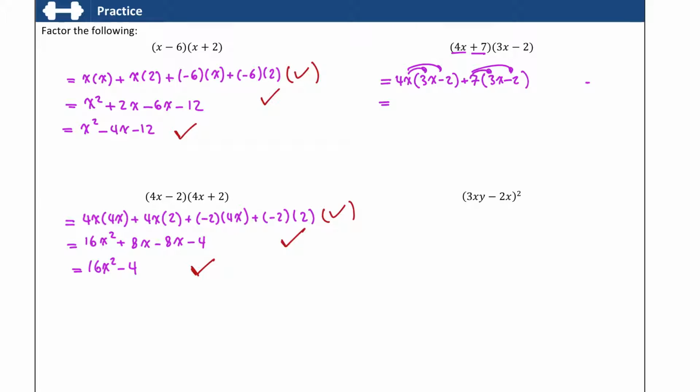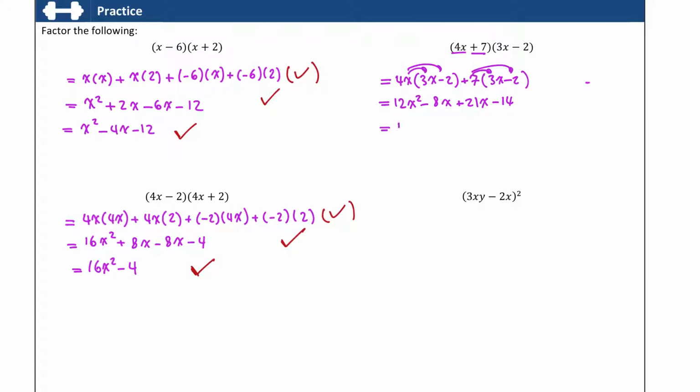So 4x times 3x is 12x squared. 4x times -2 is -8x, plus positive 7 times 3x is equal to 21x, and 7 times -2 is -14.